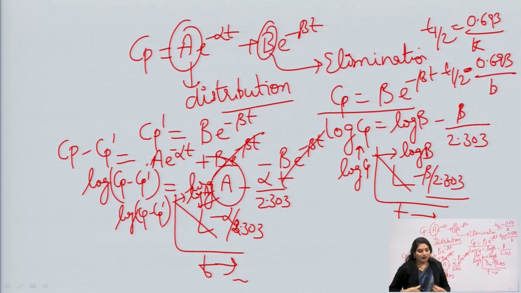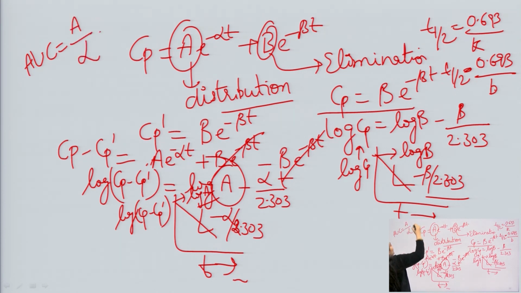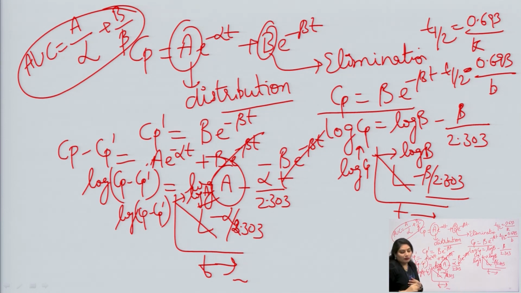This is the formula for the calculation of the biological half life. If we want to calculate the AUC, that is the area under the curve, then the equation will be AUC is equal to A upon alpha plus B upon beta. This is the formula for the calculation of the area under the curve.